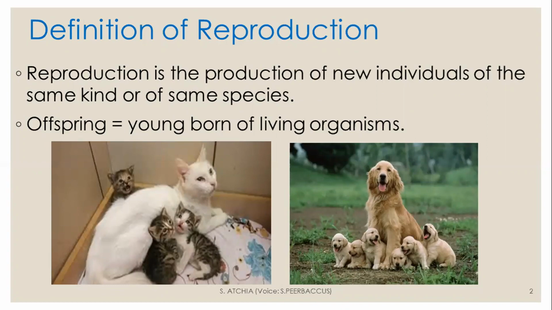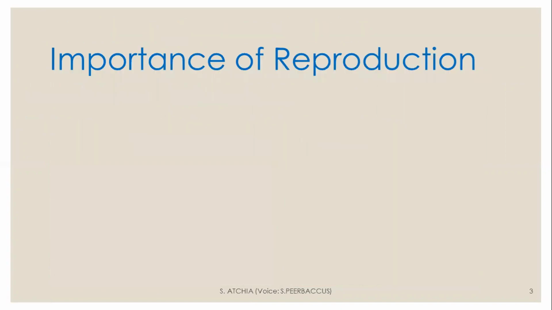In your textbook, terms like new individuals, offspring, youngborn have been used to describe the new individuals formed through the process of reproduction. Now let's move on to the importance of reproduction.